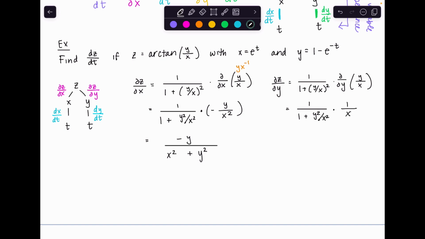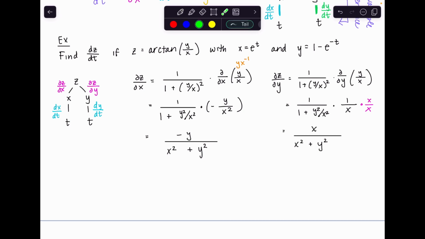But I would really like if the denominator simplified to something a little bit better. So instead of an x, I would really like an x squared to make that piece cancel. So I'm going to go ahead and multiply this by x over x as well. Because what that does is it gives me an x in the numerator, but then you're multiplying by x squared in the denominator again. So it cleans up super nicely.